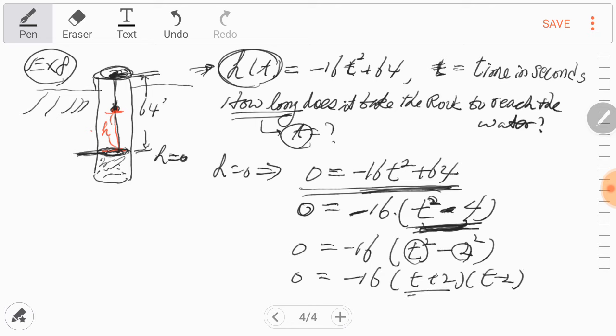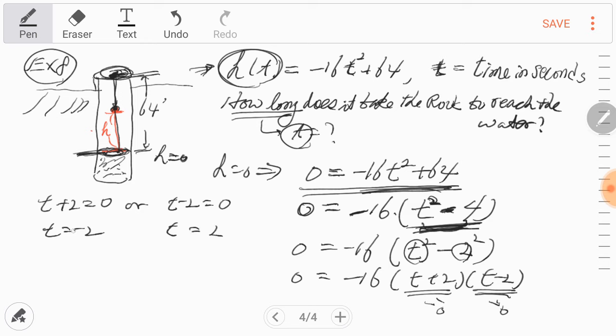From this, set each factor to 0. From the first factor, t plus 2 is 0, then t equals negative 2. Or the second factor, t minus 2 is 0, so t equals 2.